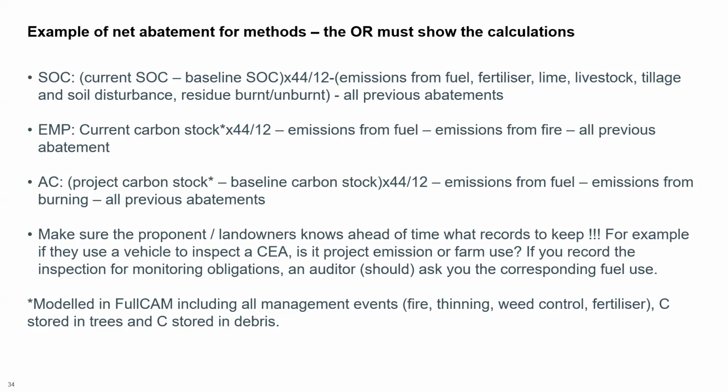If you record that inspection in your logbook to prove that you're discharging your monitoring obligations and keeping an eye on the disturbance in the CEA, then an auditor should normally ask you for the fuel use corresponding to that monitoring round. So be very clear in your report, in your monitoring, whether you say, I've gone to check the fence line and at the same time check on the CEA, or whether I went specifically to check the CEA, in which case you should record the fuel use, unless you walk the fence, of course. Right? Cool.